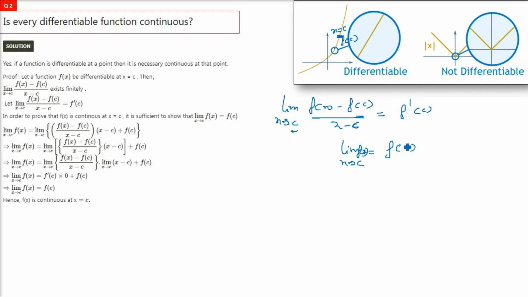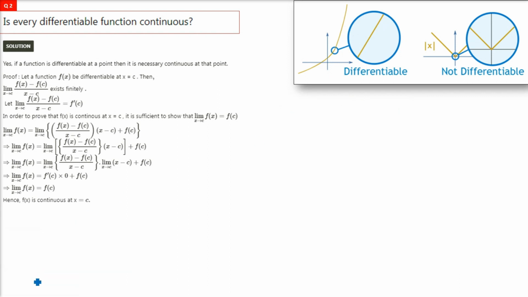That is, you don't have any break. Everything is smooth. So this thing is sufficient in order to show. That is, if you apply this limit on a function f, and then you get f(c), that is the value of the function, then you get the continuity. So let us see how to prove it.